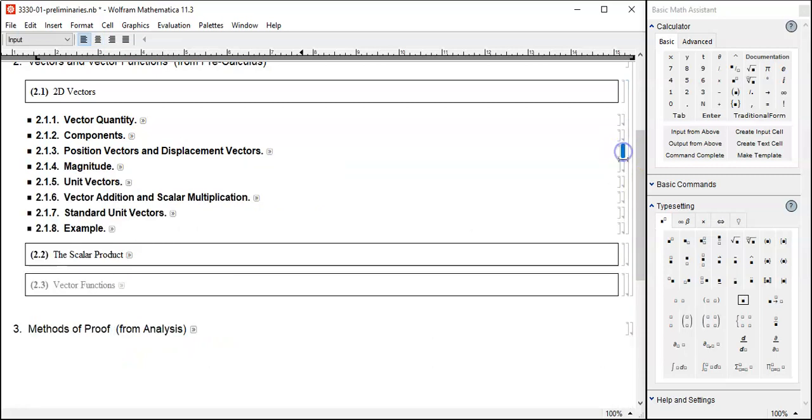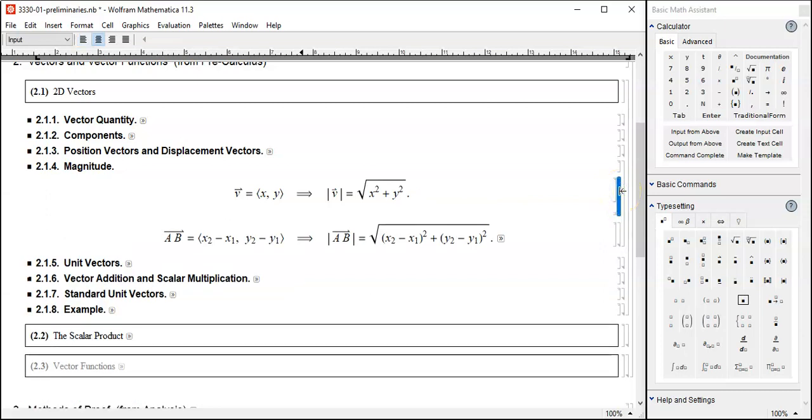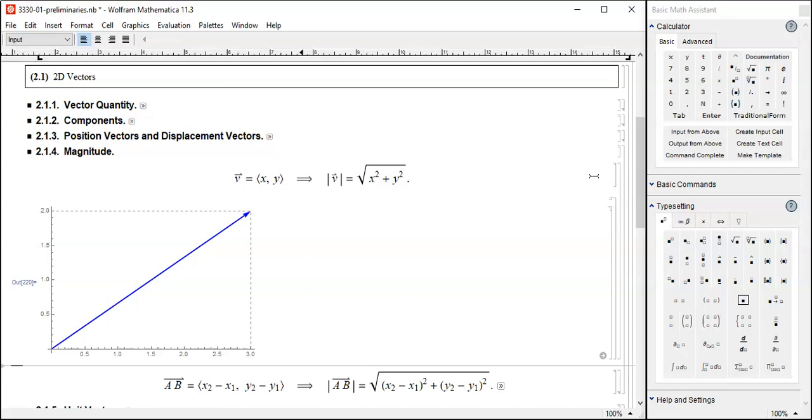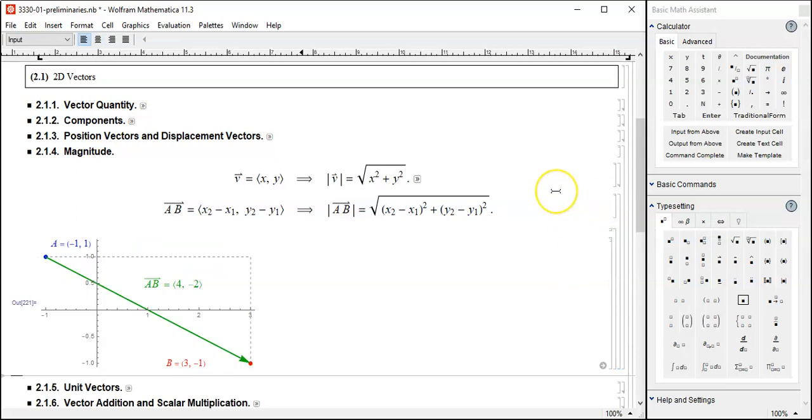Displacement is not that important for this course, so let's just move on. Magnitude. How do you calculate magnitude? Here's a visualization. We just use the Pythagorean theorem. If we have a displacement vector, again, Pythagorean. Simple deal.